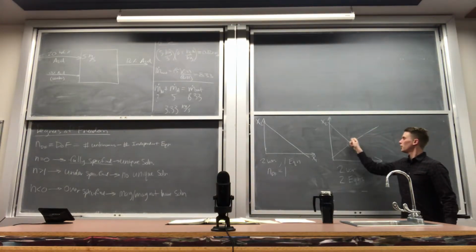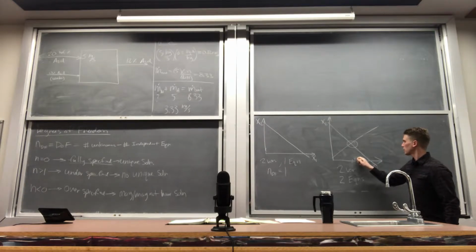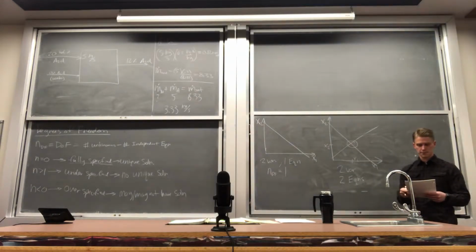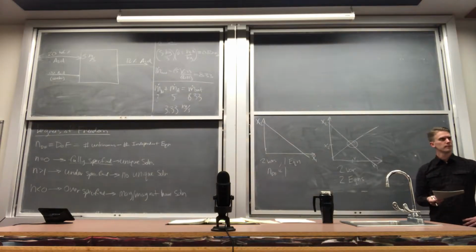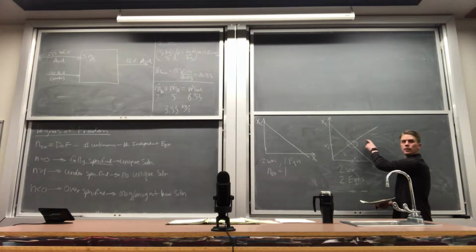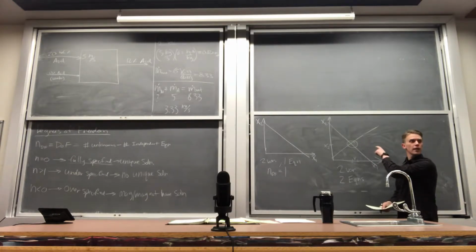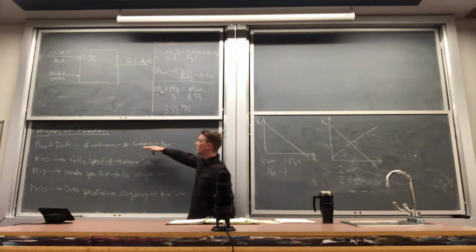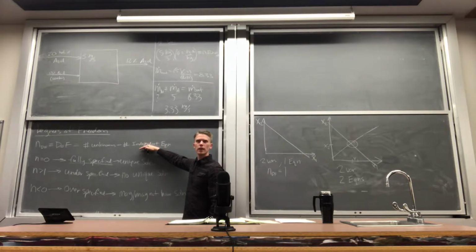And this is our unique solution of x1 and x2. Now, it is certainly possible that you could have two parallel lines, right? And then you would never have a solution. But that would invalidate this concept right here. If you have two parallel lines, then they are not independent equations. It's actually the same equation, just scaled by a constant factor.